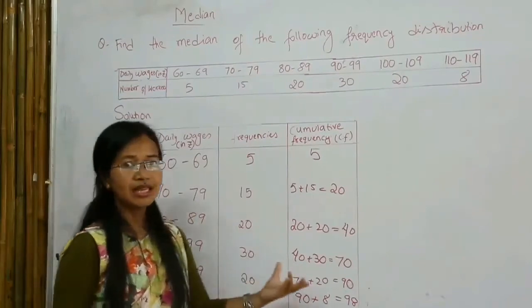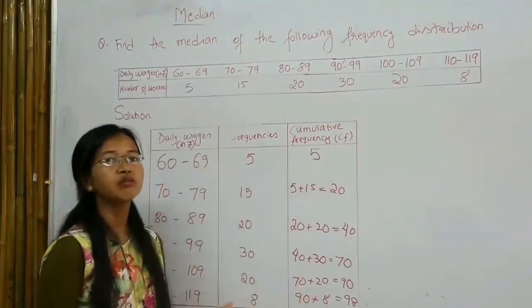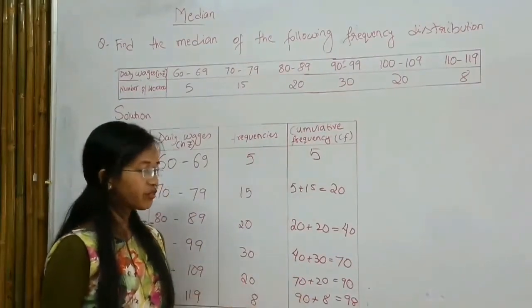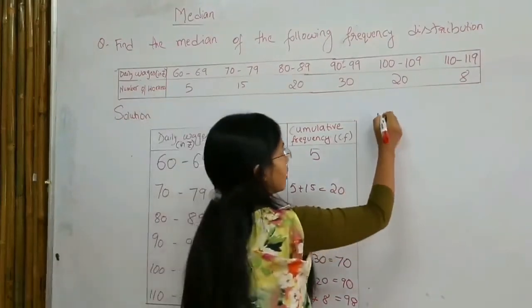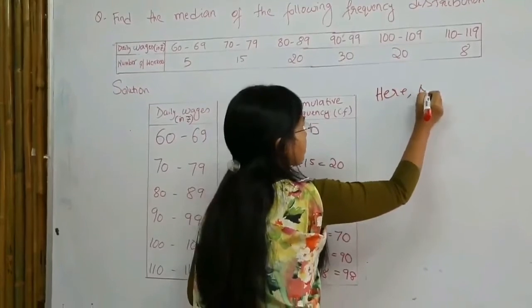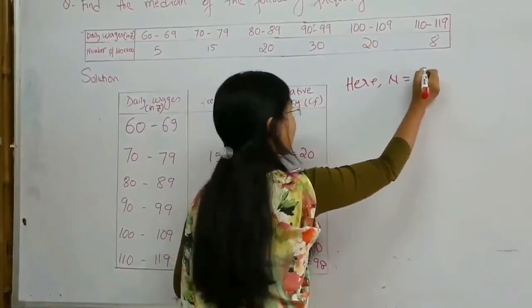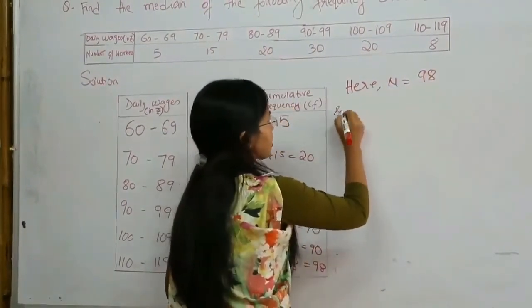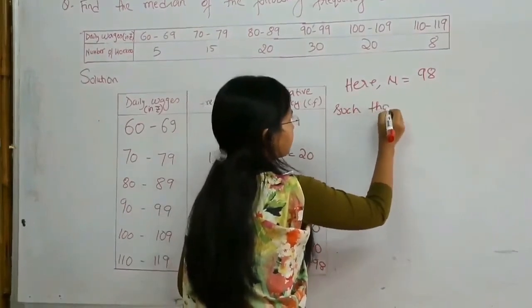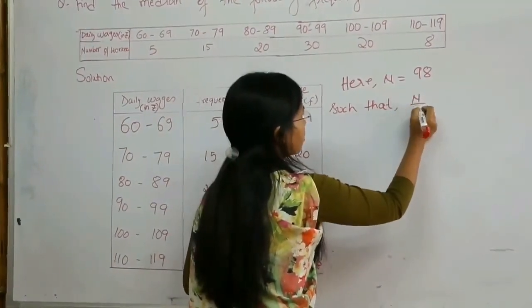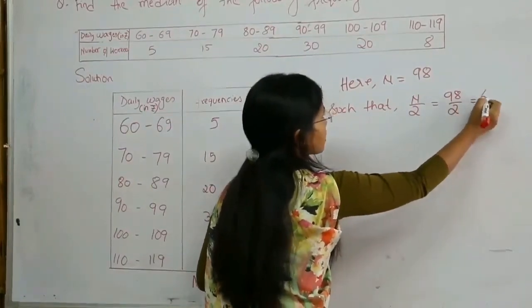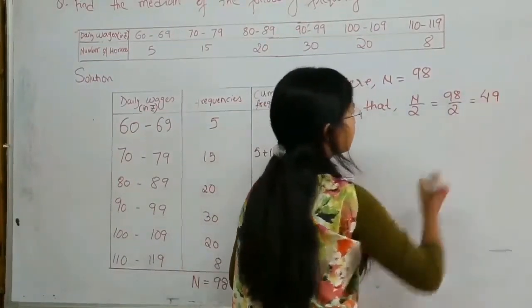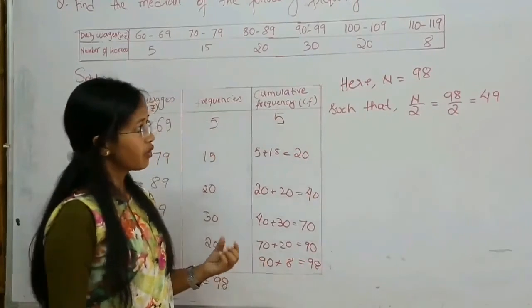Alright. Then the next step, we need to identify the median class. How to identify the median class? We need to find n by 2. Here n is equal to 98, such that n by 2 will be 98 by 2, so this will be 49.